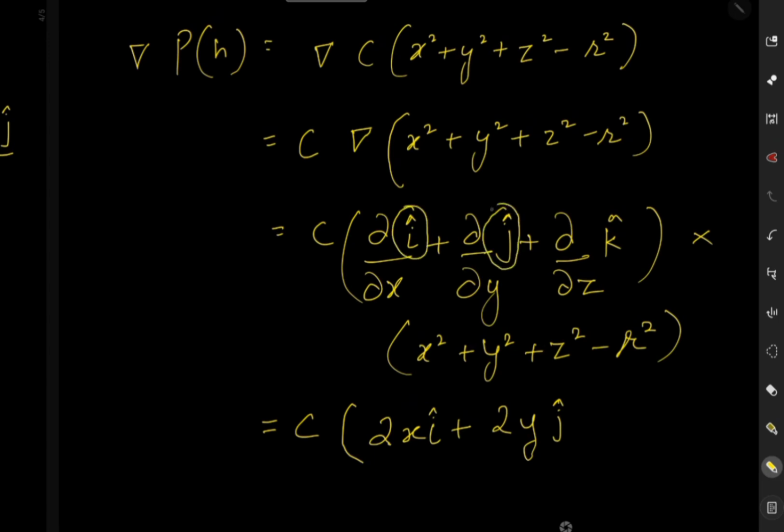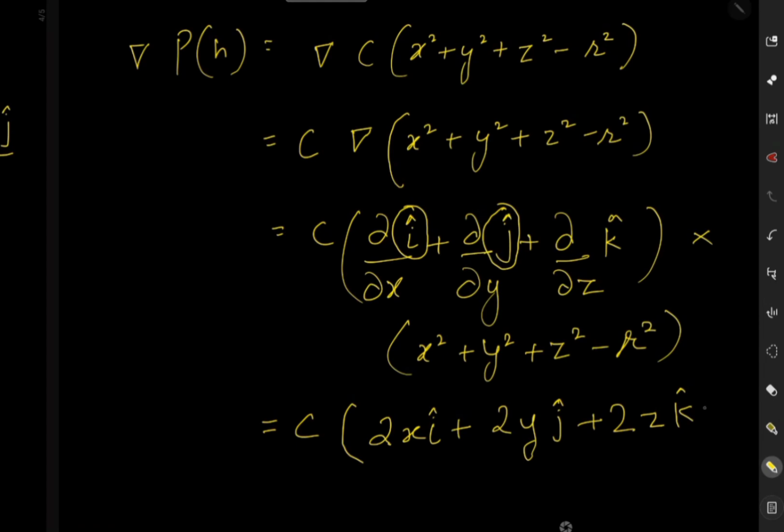Similarly for z, k cap: if we differentiate by del z, x is taken constant, it will become 0, y is taken constant, it will become 0, only z square will change, and it will change to 2z in the direction of k cap.